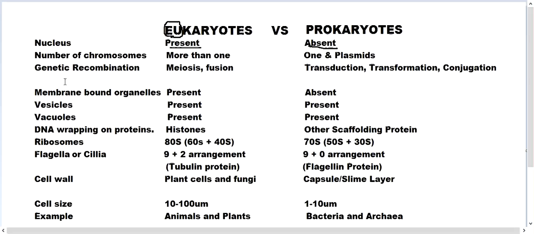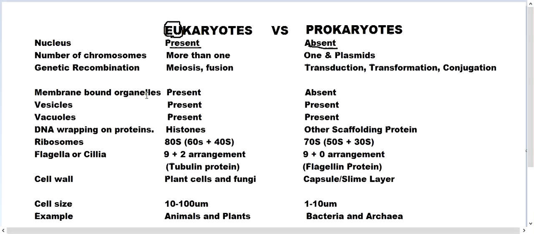The next point is membrane bound organelles, for example the centrosome, lysosome, Golgi bodies, the endoplasmic reticulum, the mitochondria, the nucleus as we talked about, and the plastids. All are absent in prokaryotes and present in eukaryotes.